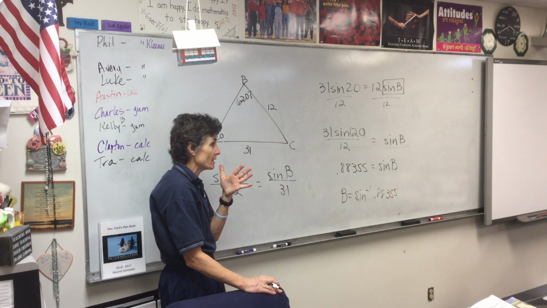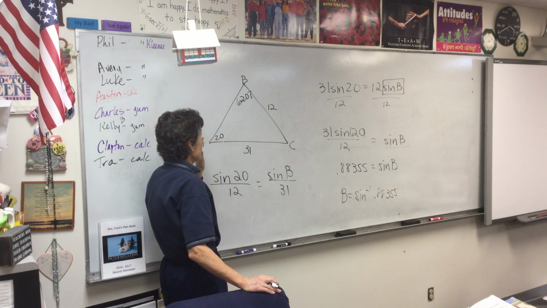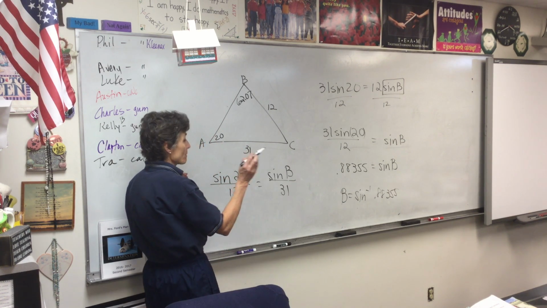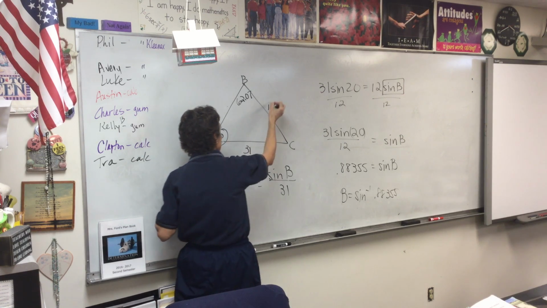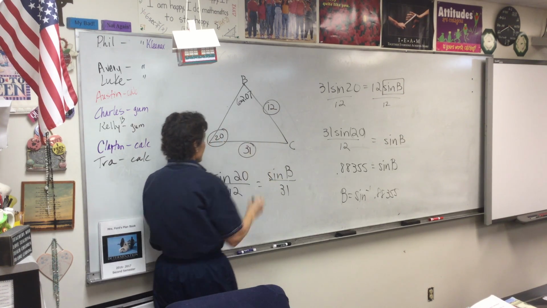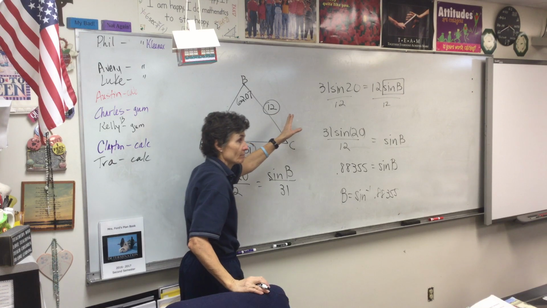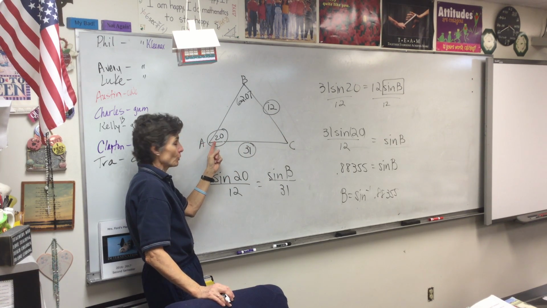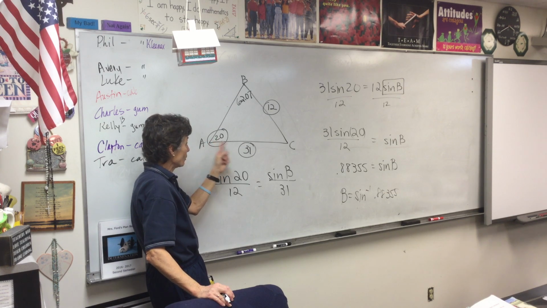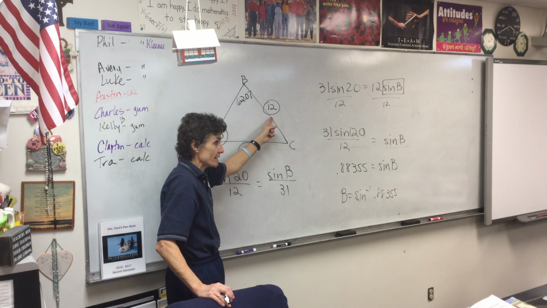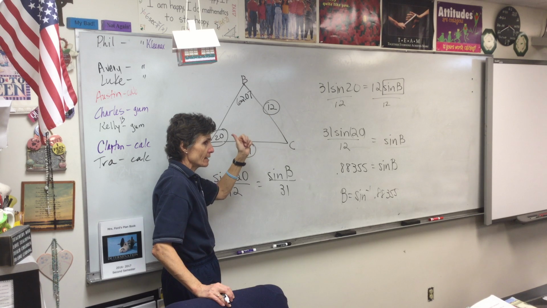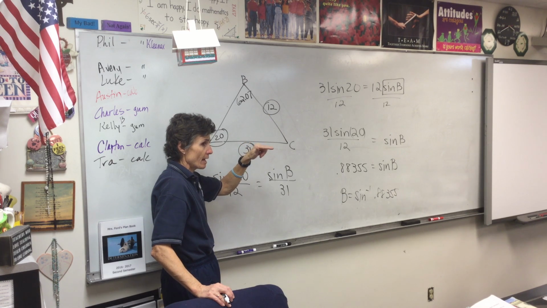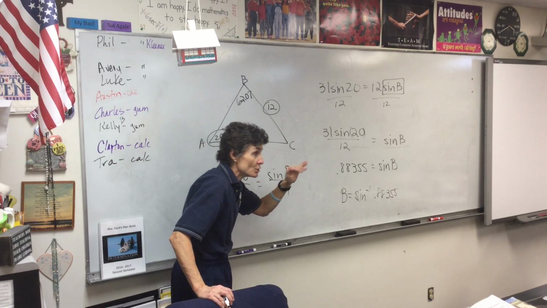Here's the scoop, kids. This kind of information, what I gave you originally, is what we started with. In geometry class, that is referred to as angle, side, side. That makes a bad word, and we could never use it.